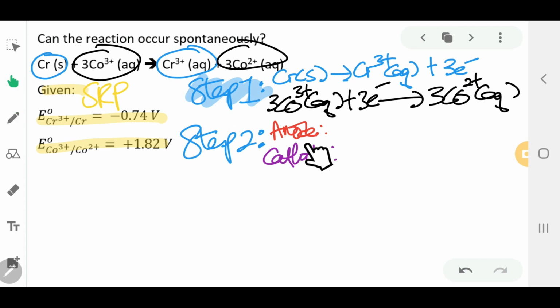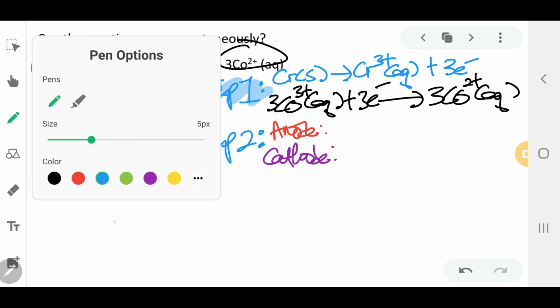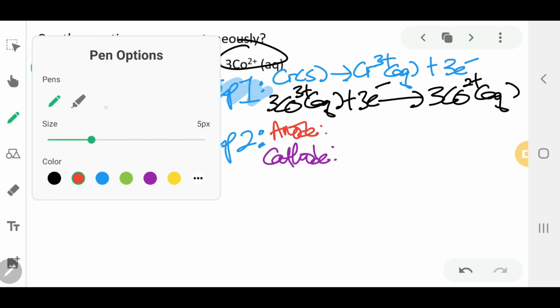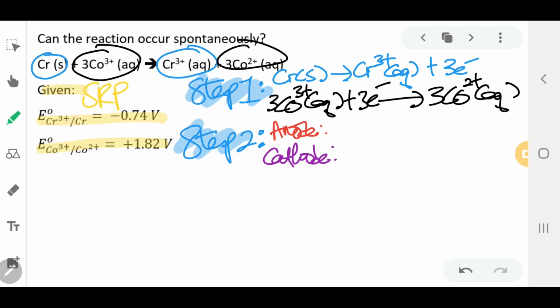Anode is oxidation, losing electrons, the one above. Cathode is reduction, reduction is gaining electron, the one in here.